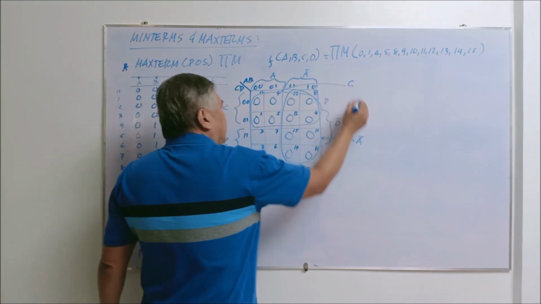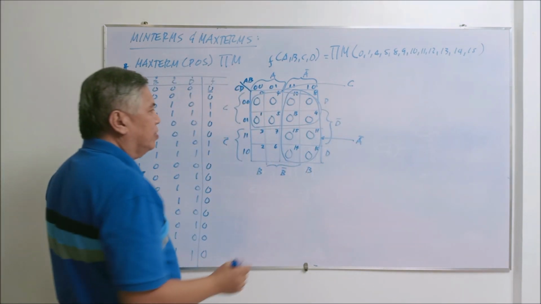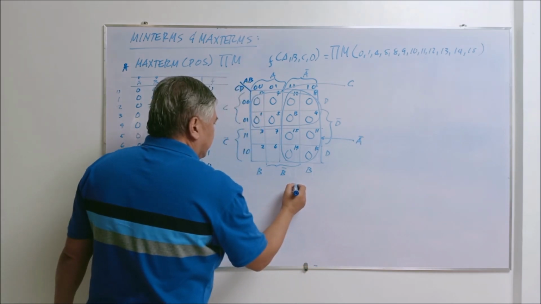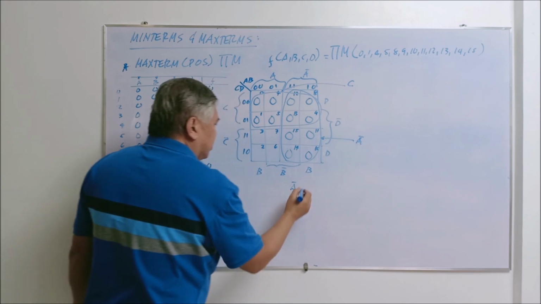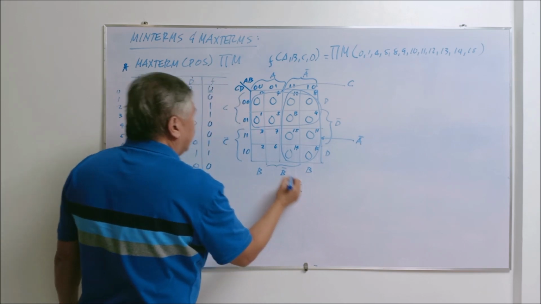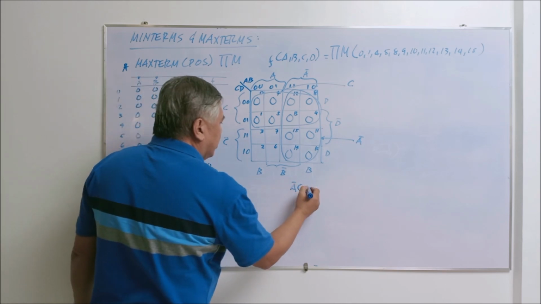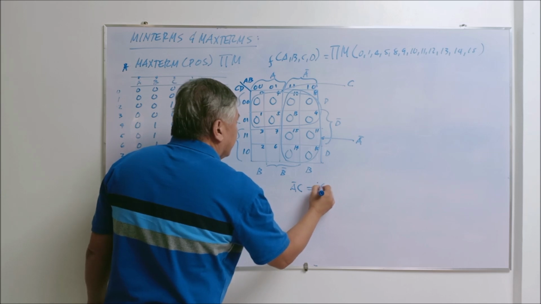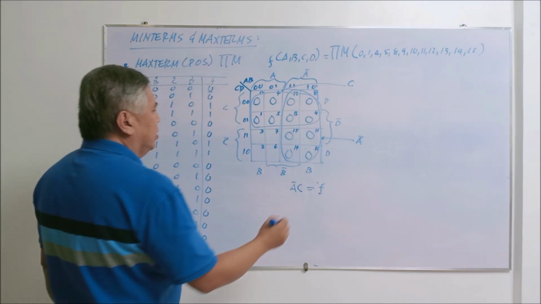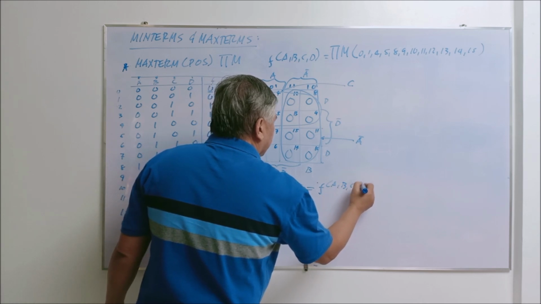These are sum terms logically multiplied together. So since A bar is a sum term and C is another sum term and they are logically multiplied together, A bar times C is equal to F as a function of A, B, C, and D.